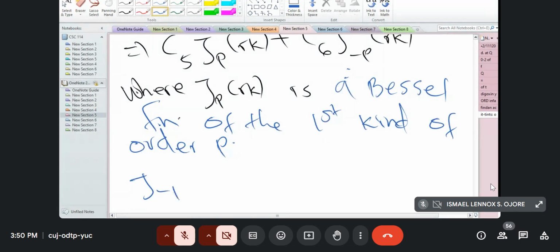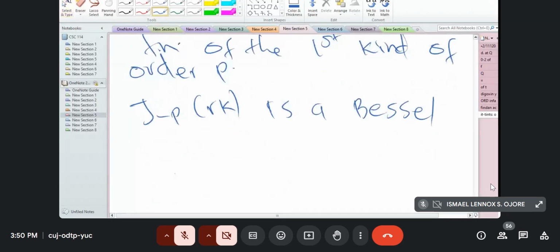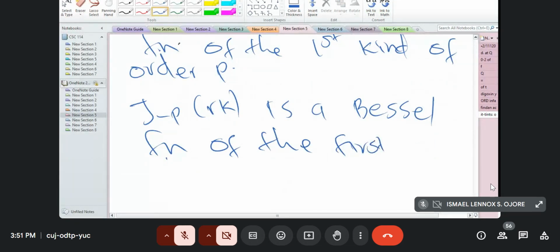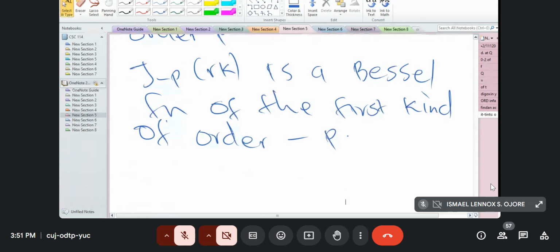J minus p of rk is a Bessel function of the first kind of order minus p. That is case 1.